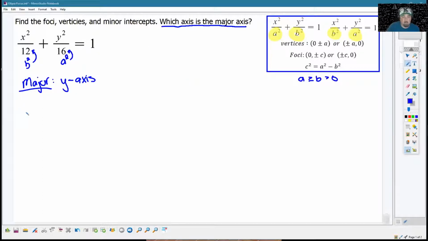So now let's go through and find all the a, b, and c values. If a squared is 16, that means that a has to be 4.